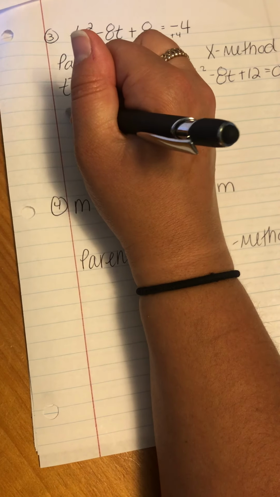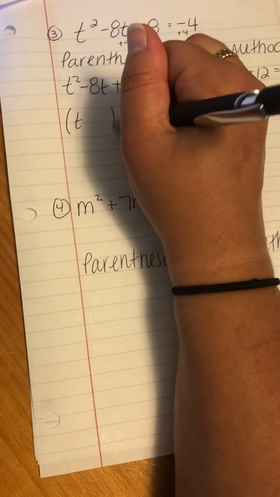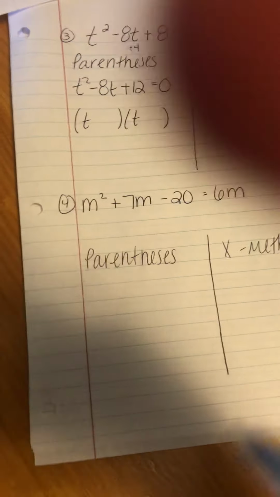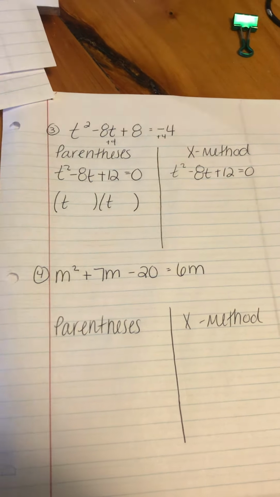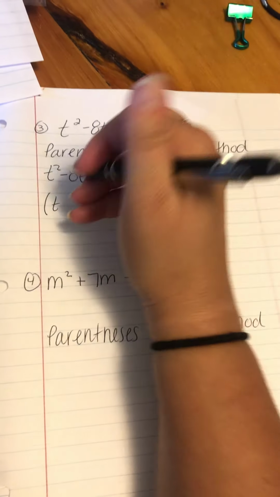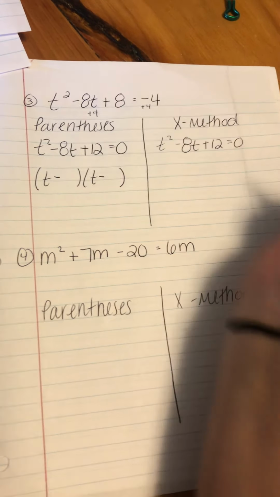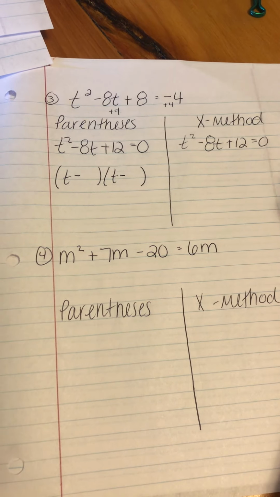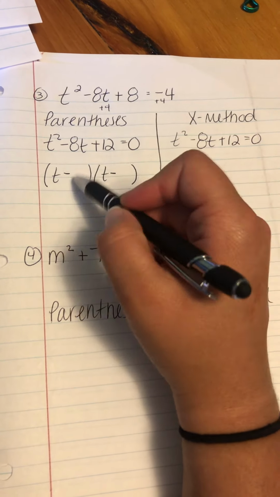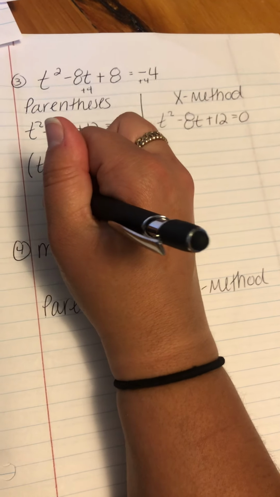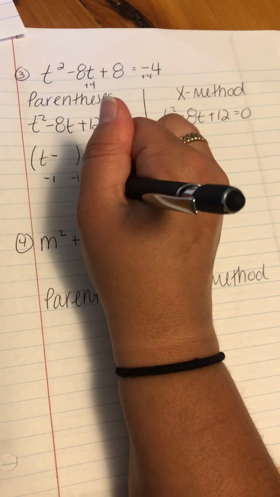So if we start with the parentheses method here, I have two binomials with a t, right? And I have a -b and a positive c. So again, they're both going to contain subtraction in them. So now I want to list out all of my factors of 12. And I want to list them out if I know they're just double negatives, right? So I could do -1 and -12.